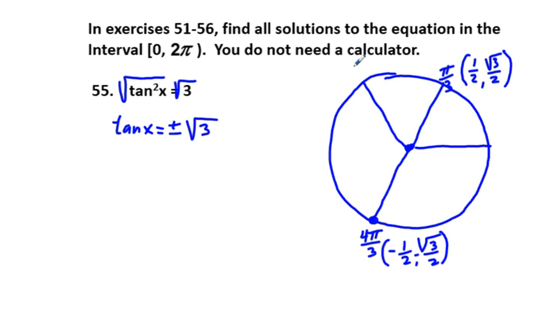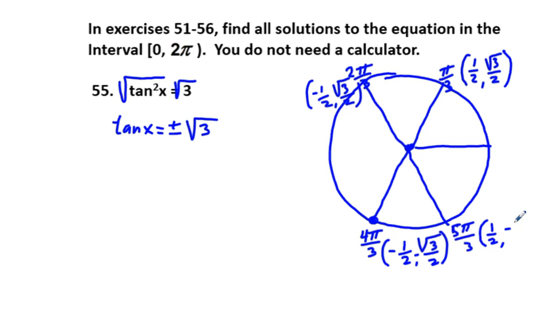If we go over here to 2 pi over 3, our cosine is going to be negative 1/2. Our sine is going to be positive square root of 3 over 2. And if we go down over here to the fourth quadrant, we're going to have 5 pi over 3, with a cosine value of 1/2 but a sine value of negative square root of 3 over 2.